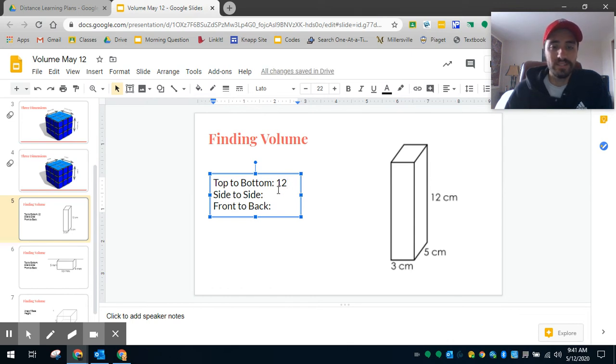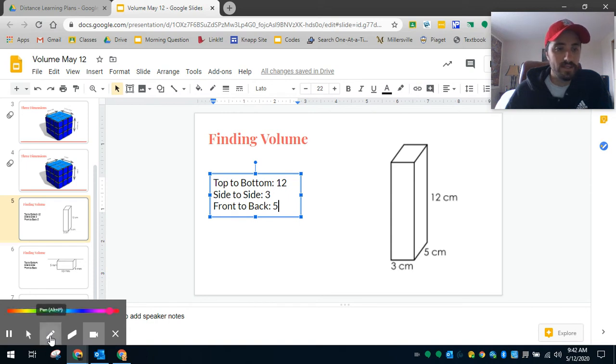Okay, what would be the side to side or length? 3 centimeters. That's side to side right there. And what about front to back? Front to back would be our 5 centimeters. So we have all three dimensions. There's nothing else to look for. Those are the only three dimensions that exist, except for maybe time.